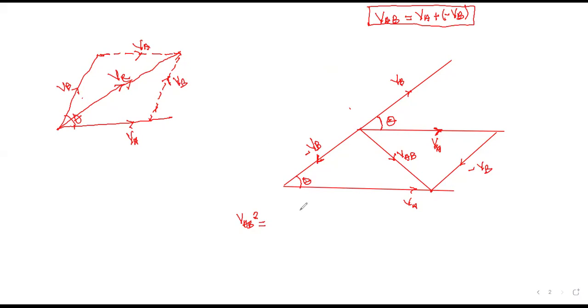Okay. So we can find this using the cosine rule, which is VA squared plus, when you square negative VB, it will still be VB squared, minus, because I'm looking for this and this angle is opposite to VAB, minus 2 VA VB cos of the angle theta.